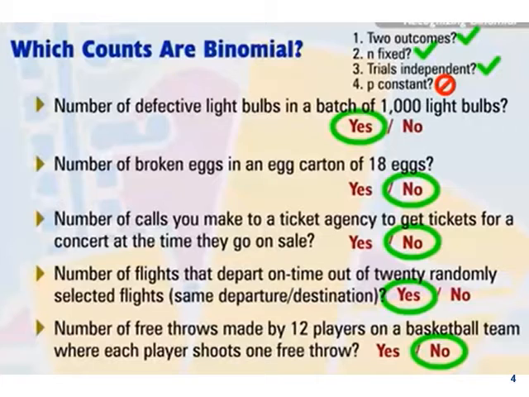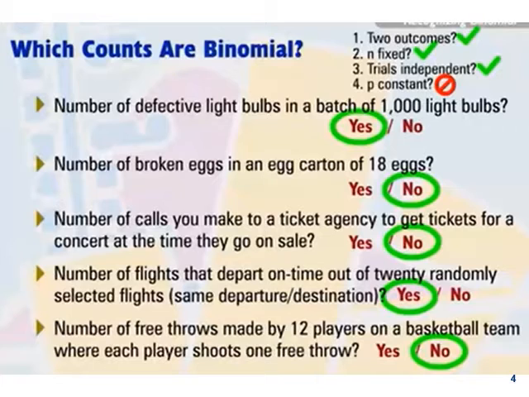Second example is the number of broken eggs in an egg carton of 18 eggs. There are two outcomes: yes, either broken or not broken. n fixed: yes, we know there are 18 eggs. Trials independent: no. p constant: no. Why? Because there is a good chance that if one egg is broken in a carton, then other eggs can be broken.